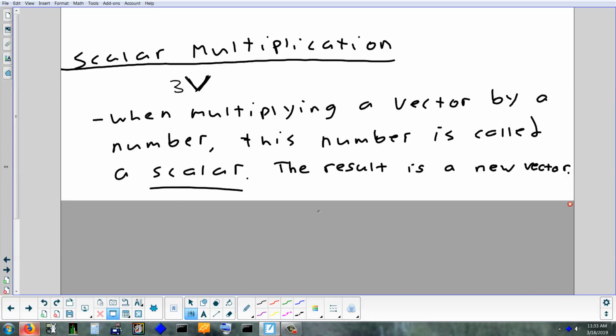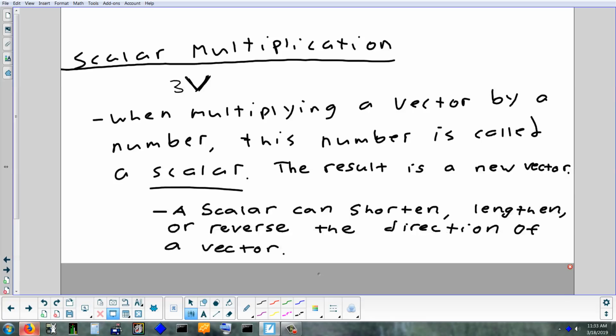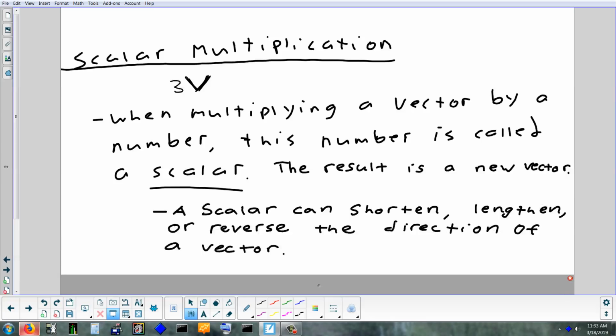It can't just arbitrarily change to any direction, but it can point exactly in the reverse direction if you multiply by a negative. So that's the three things you can do with scalar multiplication: make a vector shorter, make it longer, or flip it around 180 degrees. And again, that number in front is like a scale factor. We call it a scalar.